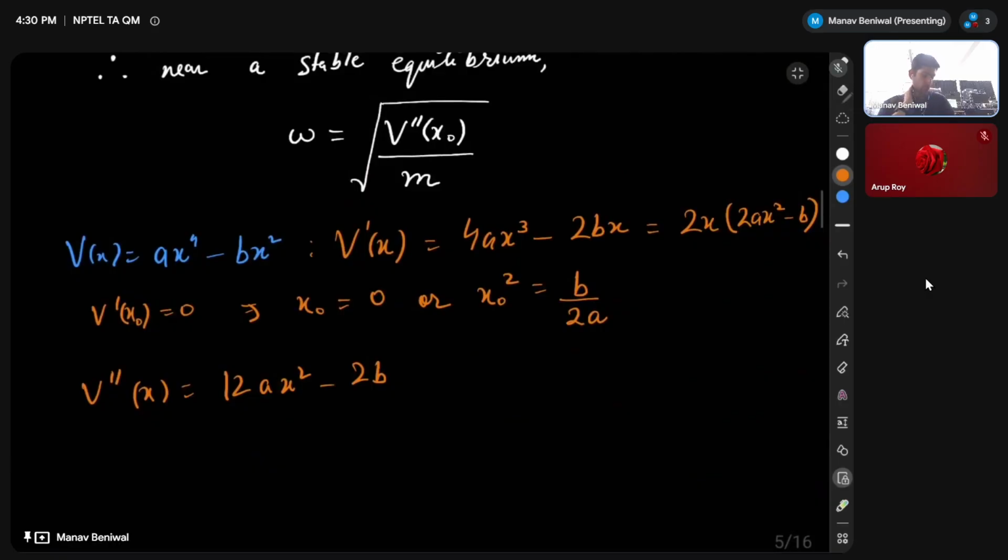If we put x equal to 0 in this equation, we get minus 2b. So at x equal to 0, V double prime of x is less than 0, which is minus 2b. So this is unstable, because we have a maxima here.